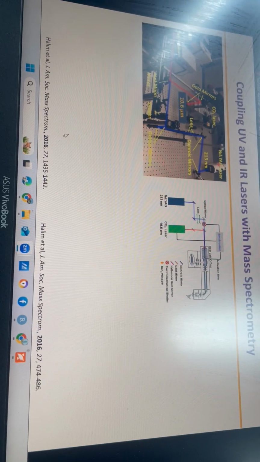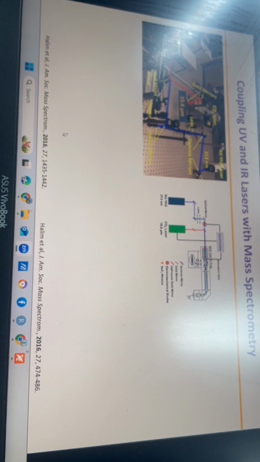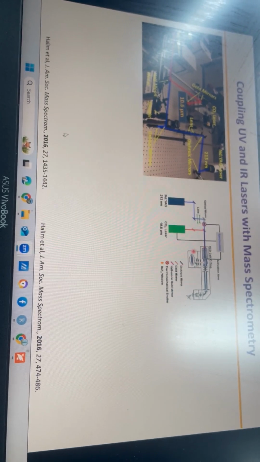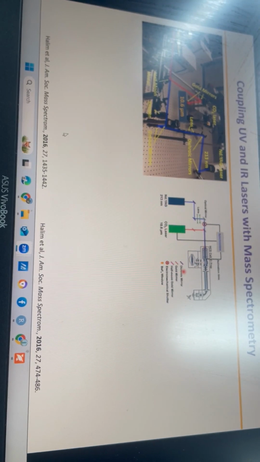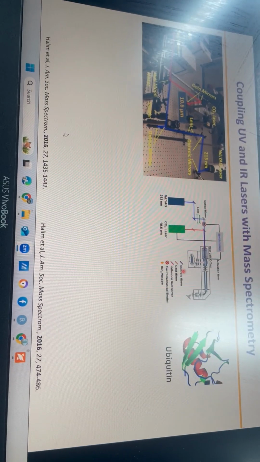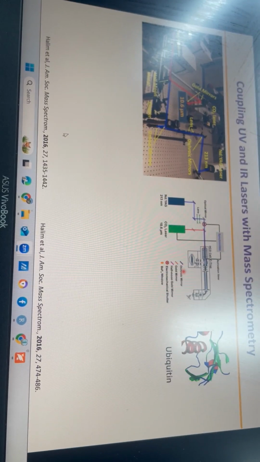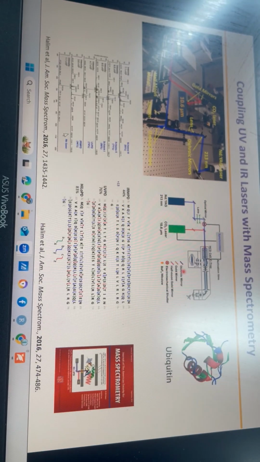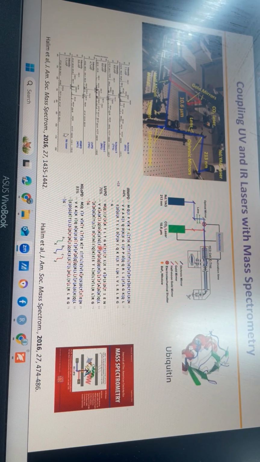Then we coupled UV and IR together with the mass spec. So this was our mass spec, and we tried to see how the laser cut the protein into small pieces. We used a model protein, ubiquitin, a small protein of 76 amino acids, and we tried to see how it fragments.